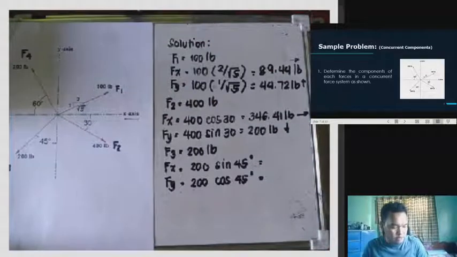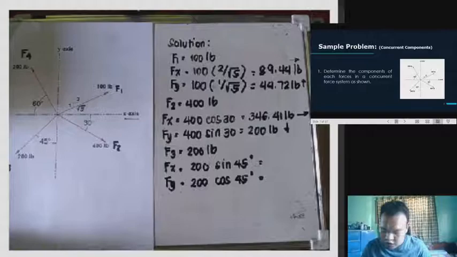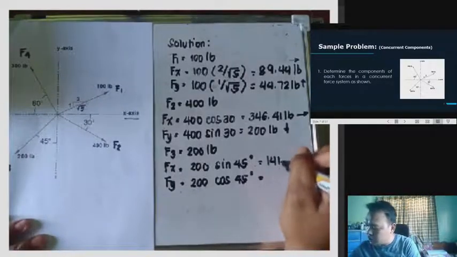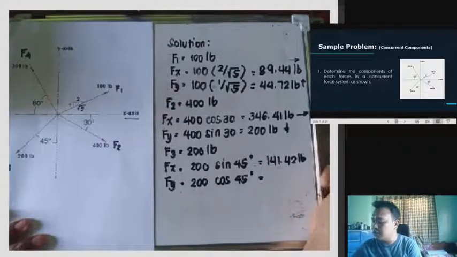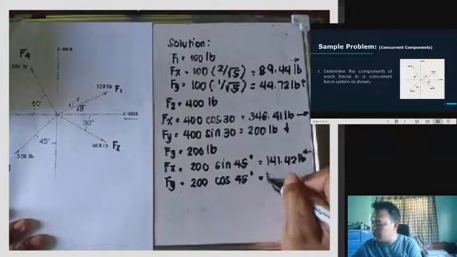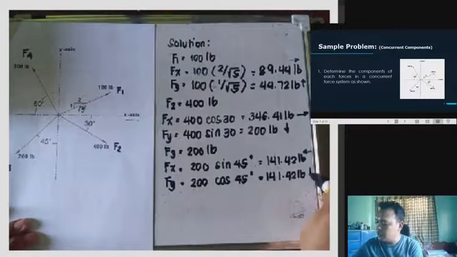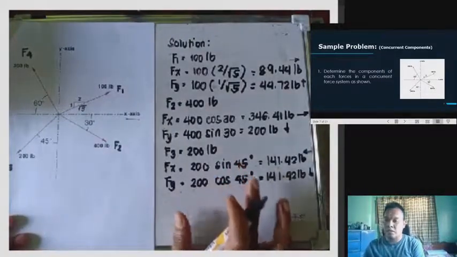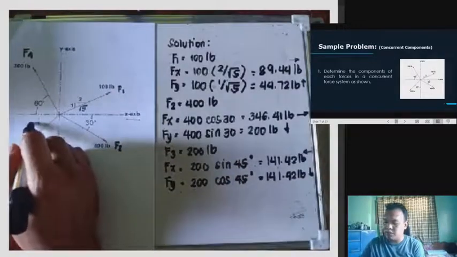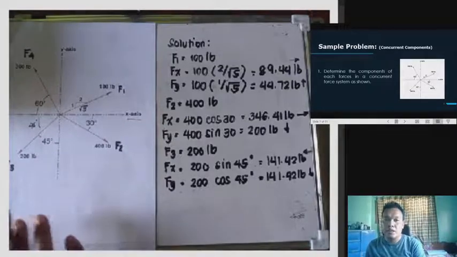So, 200 sine 45 is 141.42 pounds. Our Fx is going to the left. Then, this one is the same, 141.42 pounds going downward. Okay? Actually, they can be interchanged, no? Because the angle here is also 45. So, that's it. Then, F4 next.